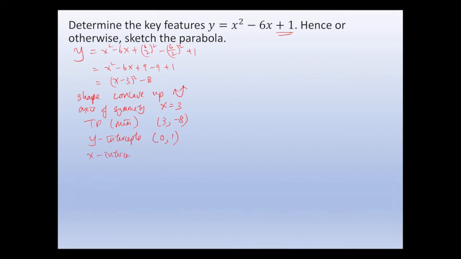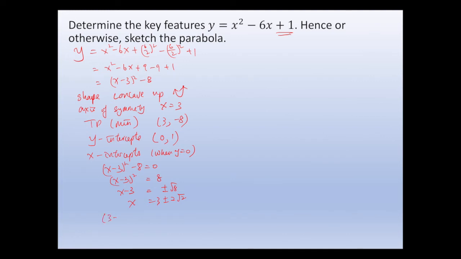And we can use the factorized form to work out the x-intercept. When y equals 0, (x minus 3) squared minus 8 equals 0. (x minus 3) squared equals 8. x minus 3 equals plus or minus square root of 8, which is plus or minus 2 square root of 2, and x therefore is 3 plus or minus 2 square root of 2.